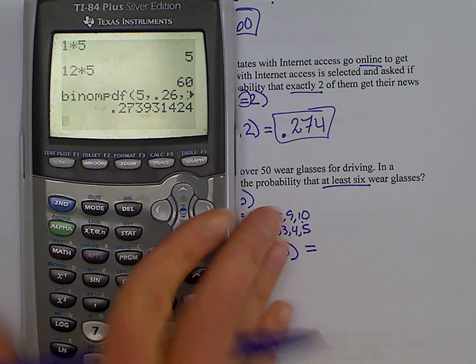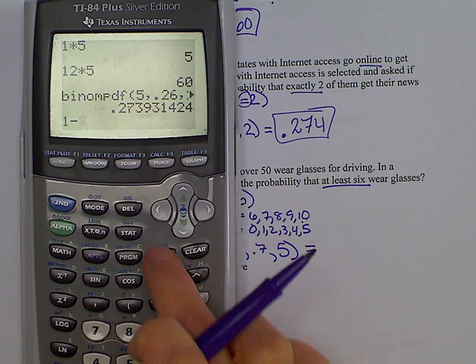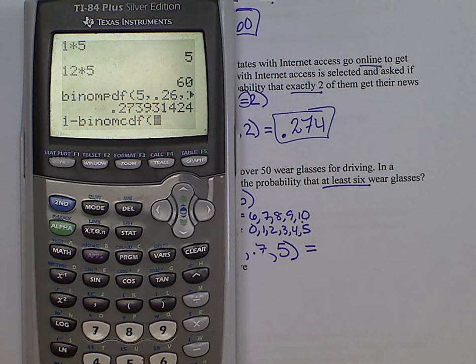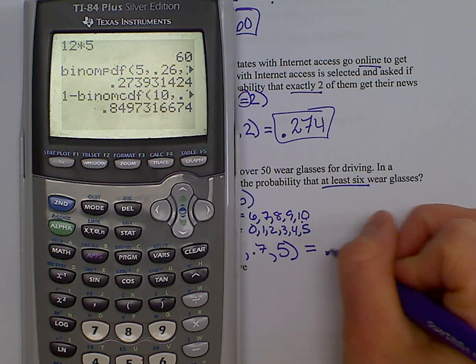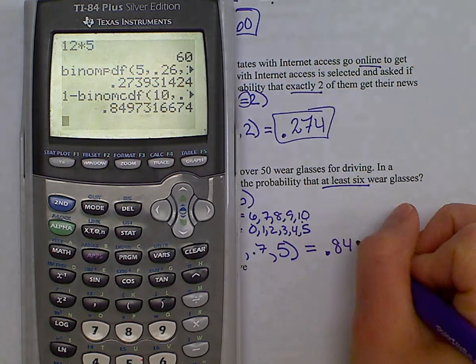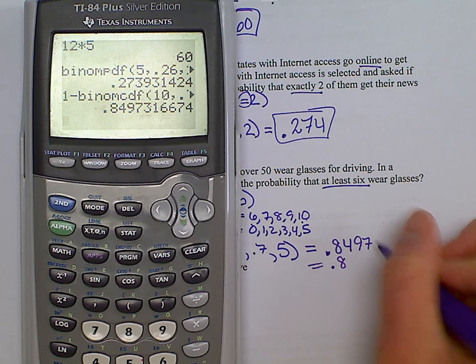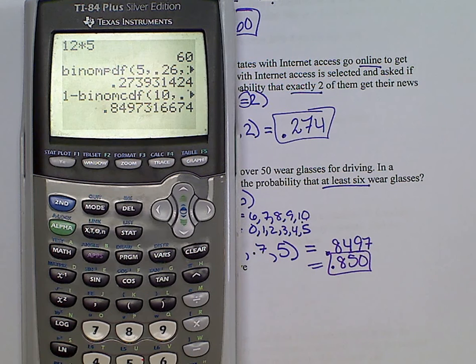So in the calculator, I'm doing 1 minus second variables for distributions. It should be option B. And then we have n, comma p, comma x. We get 0.8497, which on the final, they're either all rounded to 3 or 4 decimal places. So to 3 decimal places, it would appear like this, 0.85.